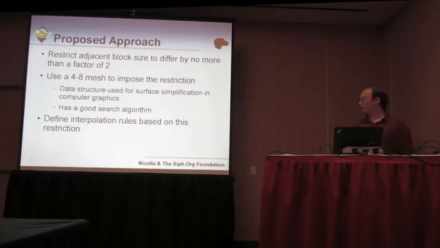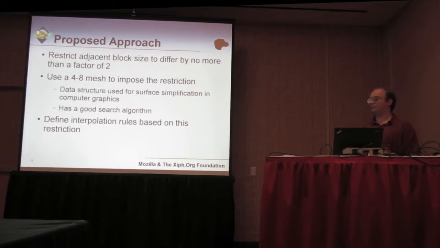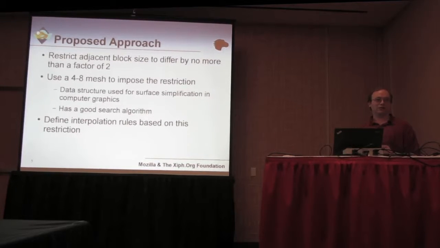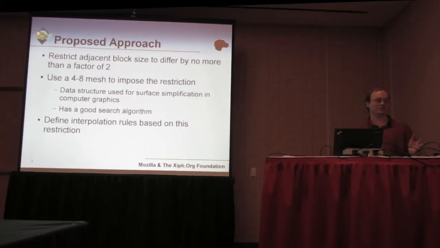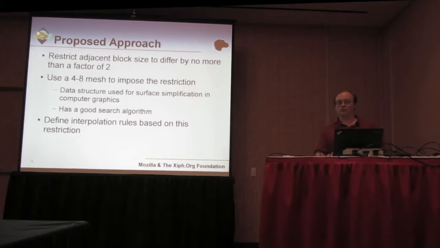So what we propose to do is basically a slightly cleaned up version of that proposal from back then. The idea is that I'm going to restrict the adjacent block sizes to differ by no more than a factor of 2. So I can have a 64 by 64 next to a 32 by 32, or a 32 by 32 next to a 16 by 16, but I can't have a 64 by 64 next to a 16 by 16. We're going to borrow a data structure from the computer graphics community called a 4-8 mesh to impose that restriction.